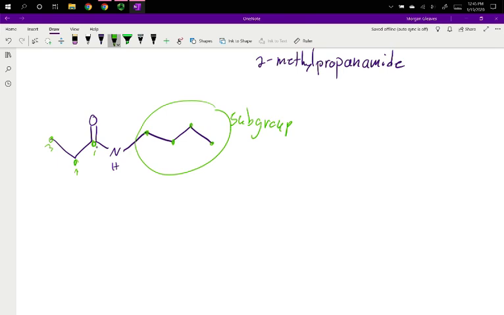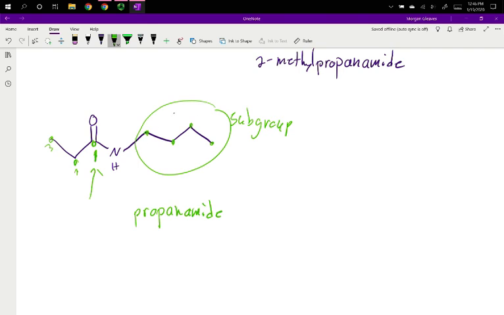The amide always has this be carbon 1. That carbon that touches both the double bond oxygen and the nitrogen, that is always carbon 1, and that carbon is attached to the chain going to the left. So this is a propanamide, just like up above, but the subgroup, well, if you remember amine subgroups, you were told that they were on the nitrogen.